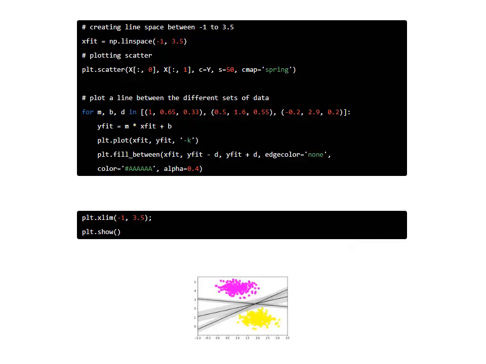And we define 3 m and 3 b. And we have d as the width. So from this graph, we can see we have 3 lines plotted between -1 to 3.5 for the x-axis, and 3 lines are shaded with different widths.